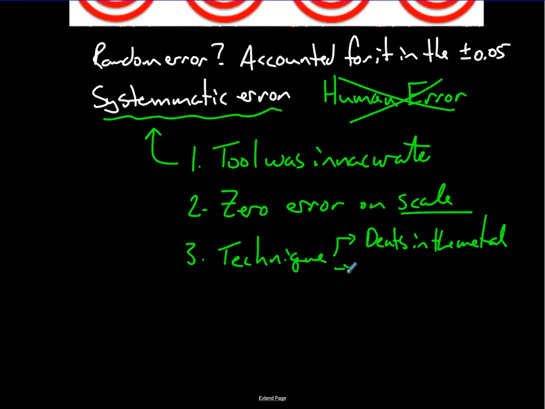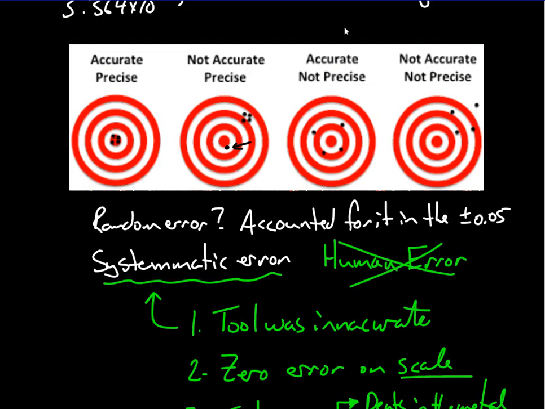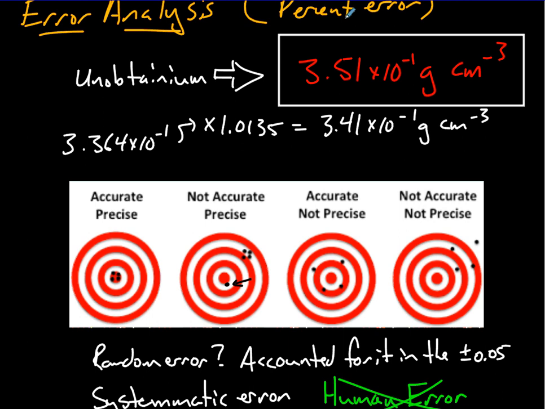What else could it have been? Is it possible that you're at a really hot or a really cold temperature? So there could be a temperature error, because you'd have to look in your book and it'll tell you the density at a certain temperature, especially if it's a very precise measurement.